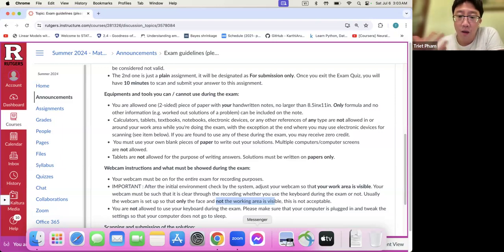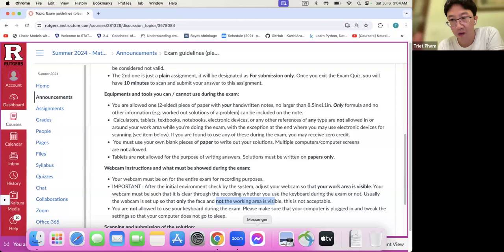Okay. The reason, of course, is that if the working area is not shown, then students might be accessing some other device on another screen that's out of the view of the webcam. Is that okay? So this is to prevent that from happening. So after you do the initial check and you show your working area, then we can verify that you are doing the work on pen and paper.